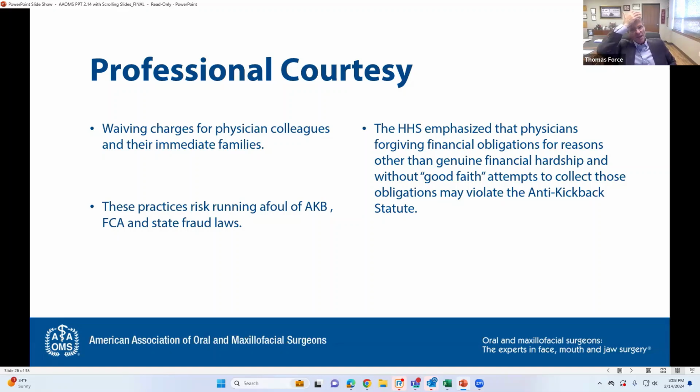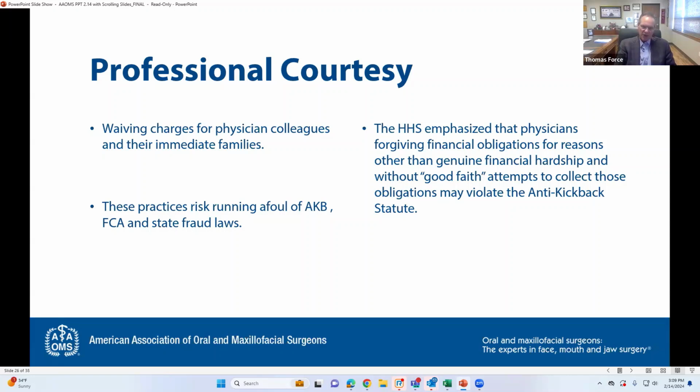So my suggestion would be have a written policy, make sure that any discount or courtesy waiver is documented and supported based on the policy, which is non-discriminatory and very narrow in scope. So we talked about financial hardship discounts or waiver of patient cost share.